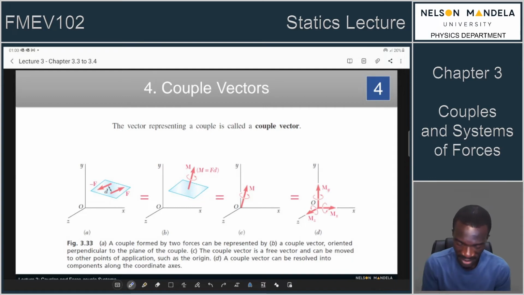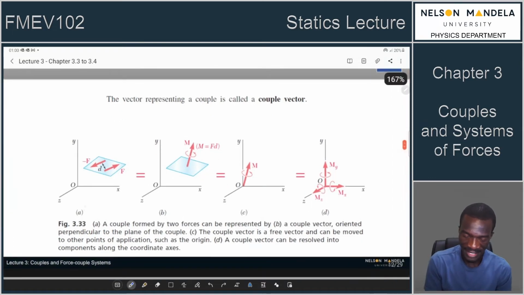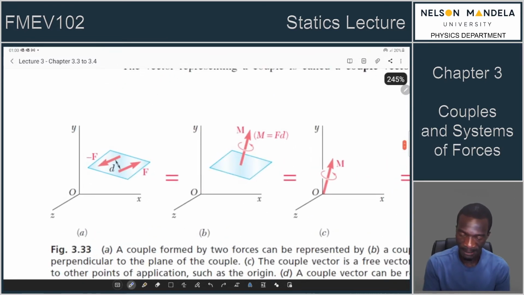So in figure 3.33 part A, we are being introduced to the couple vector. There is a couple here that is generated by two forces, a force F and a force minus F, separated by a distance D. These two forces will obviously cause a turning effect on this plane, which is part of some rigid body.